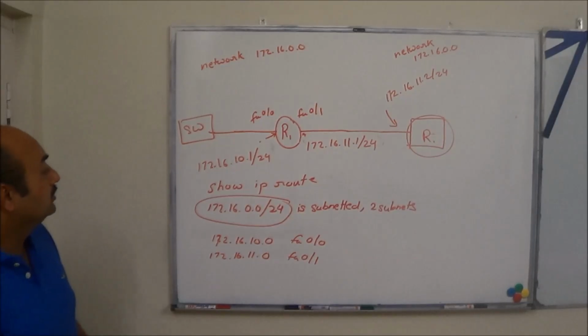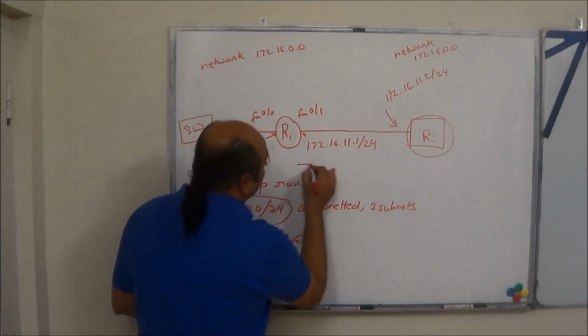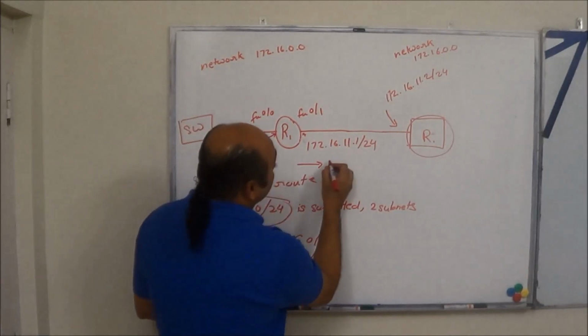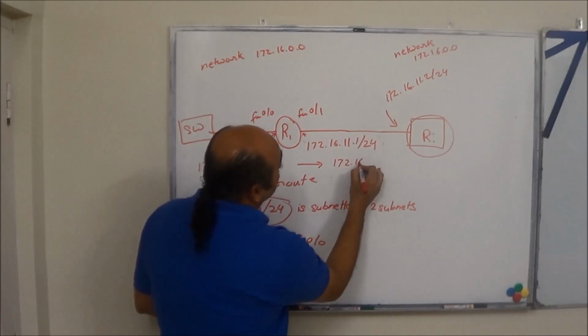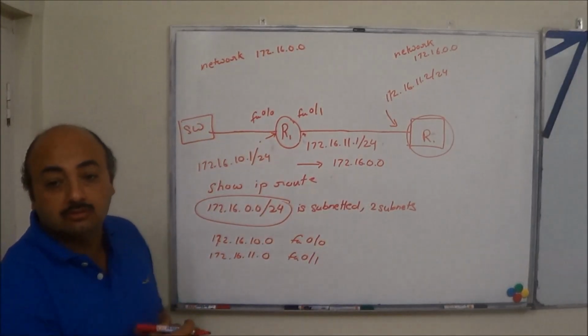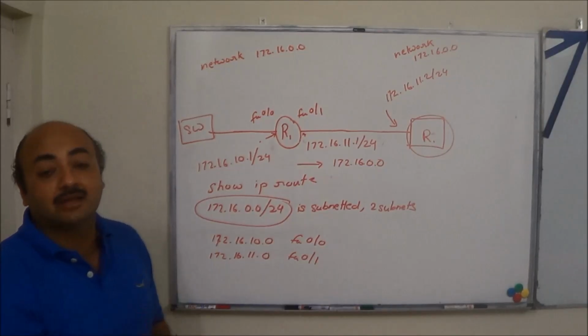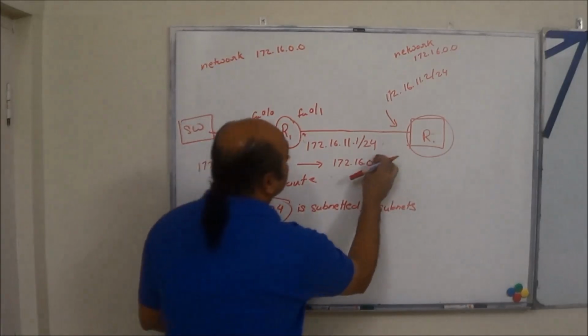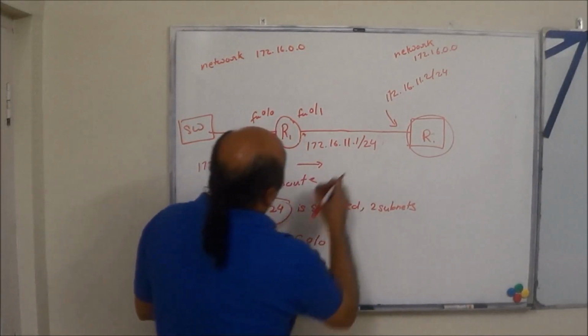Now up till now, we have said what R1 will send, but this is not exactly correct, so we want to correct that part. What will it be sending?